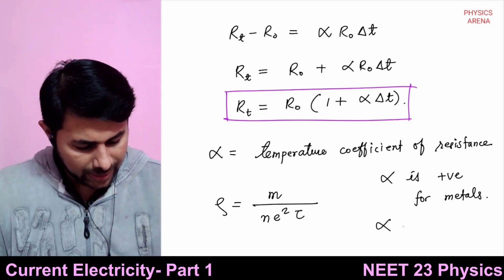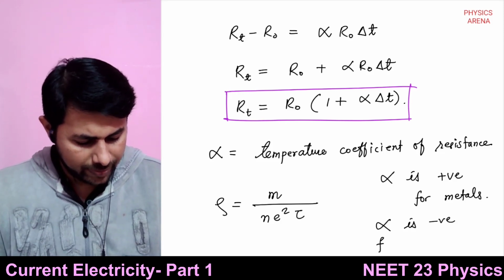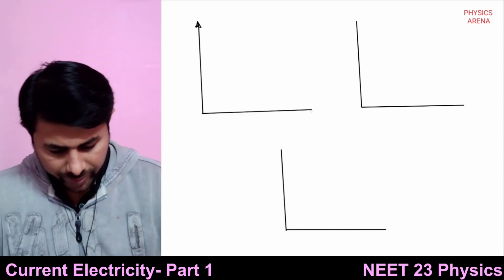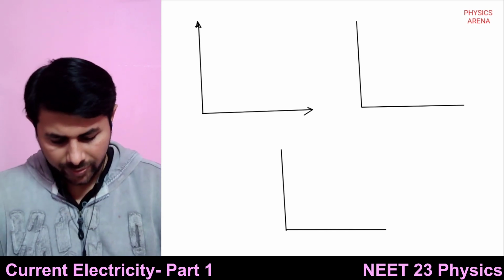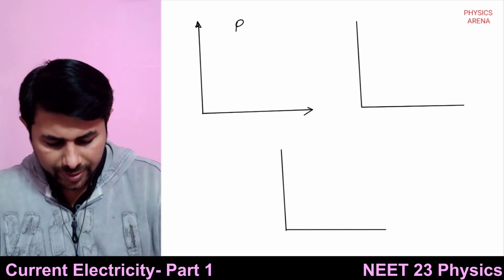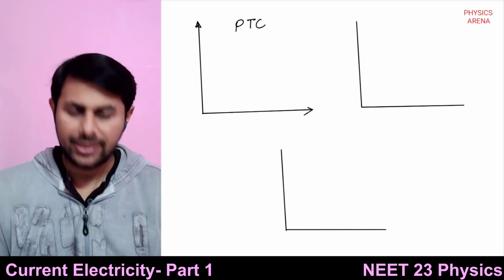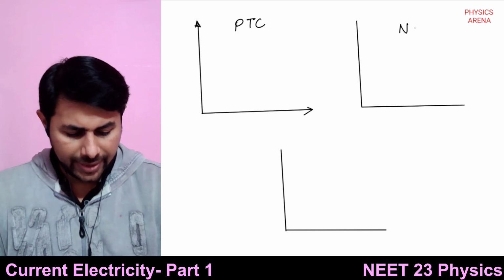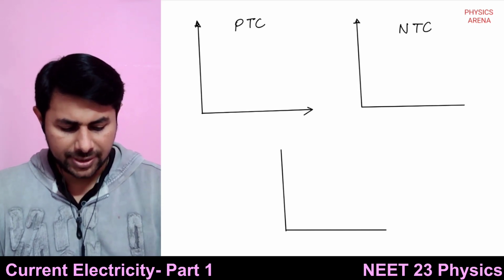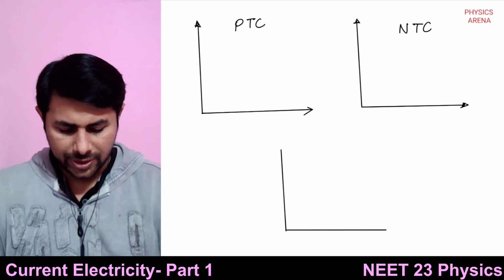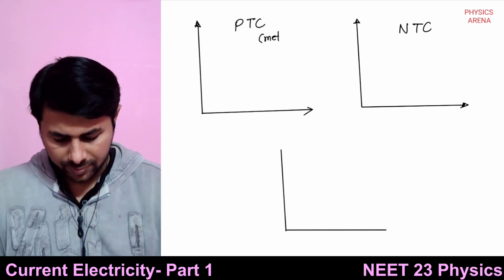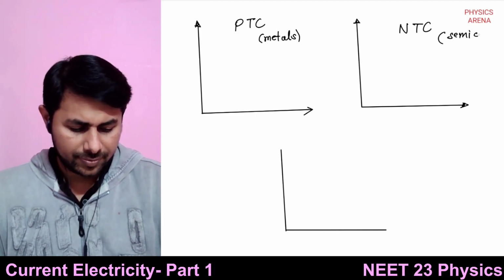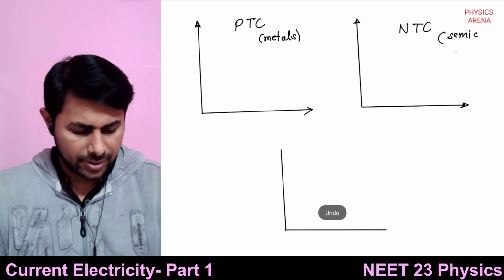So alpha is negative for semiconductors and insulators. Some materials have a positive temperature coefficient of resistance, known as PTC. Some have a negative temperature coefficient of resistance. This is for metals, and this is for semiconductors and insulators.